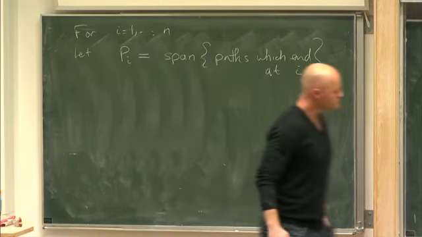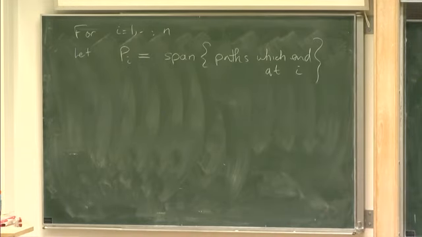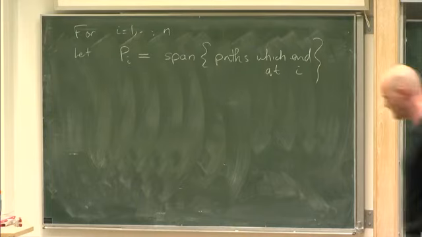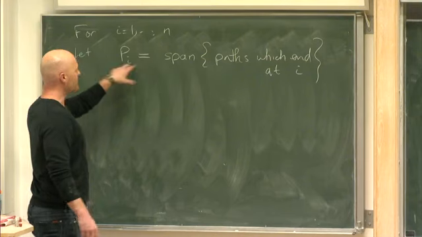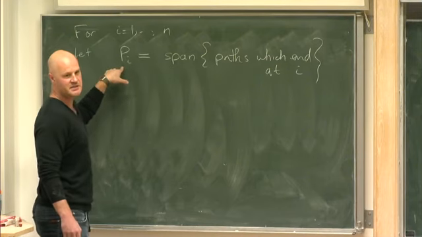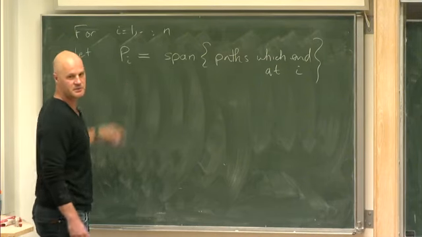So the algebra itself was a quotient of a path algebra by some relations. In that path algebra, you've got a bunch of paths. Look at all the paths which end at vertex i. This is a vector space, but it's not just a vector space. It's a left module over the zigzag algebra.